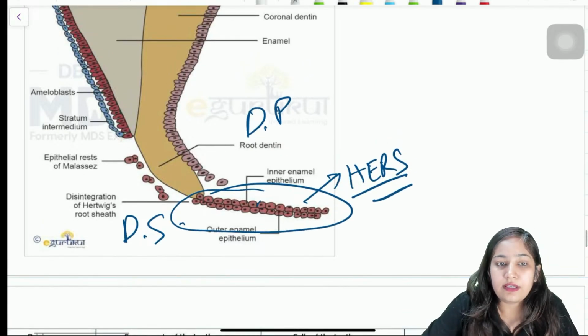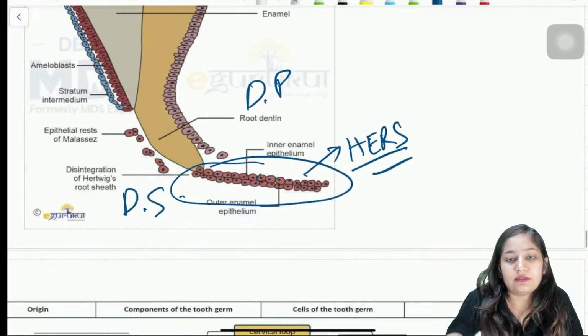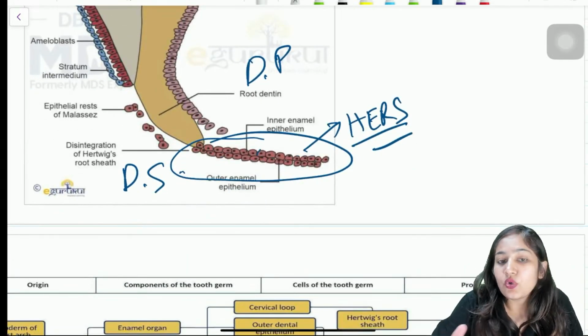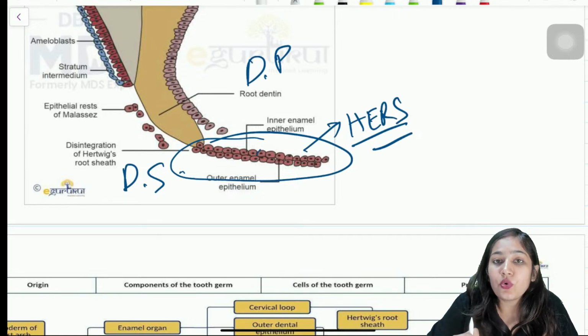Right? Now, there is no stratum intermedium here. So definitely the inner enamel epithelial cells will not be getting any nourishment, and there will be no enamel formation here. So in root, we have only dentin formation, right?